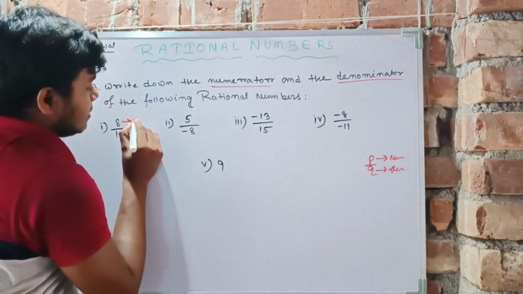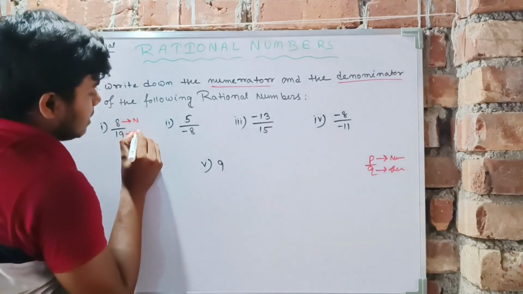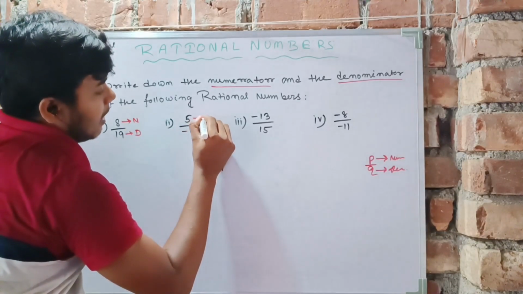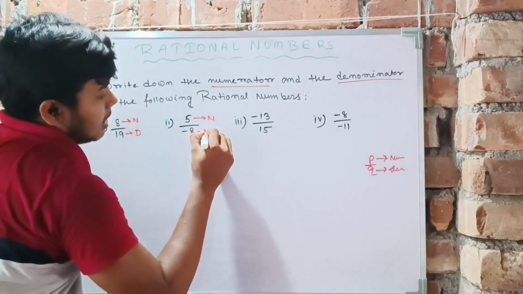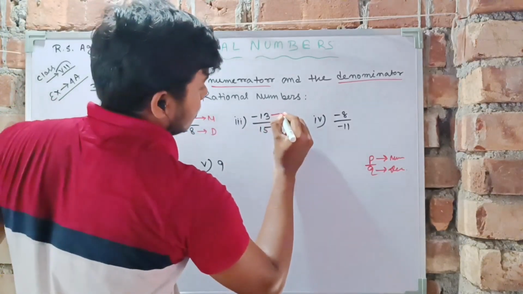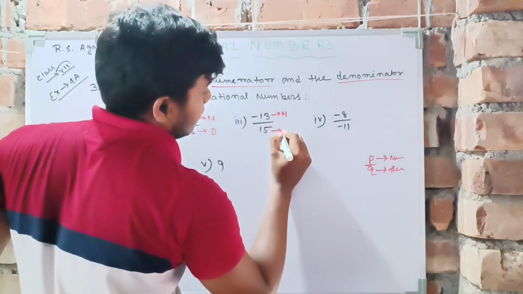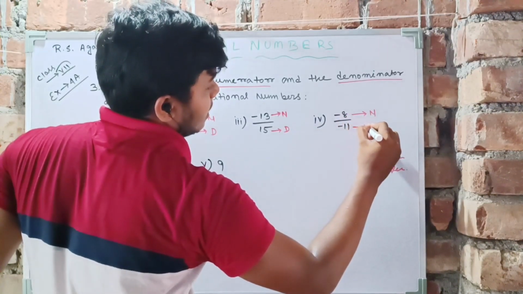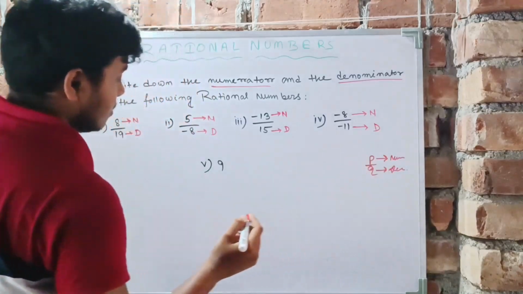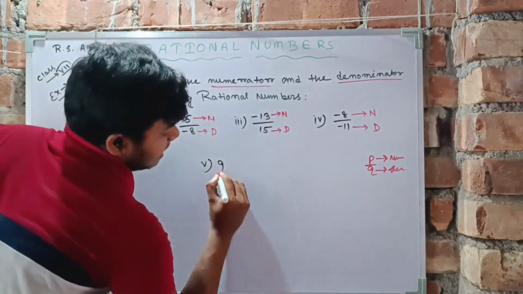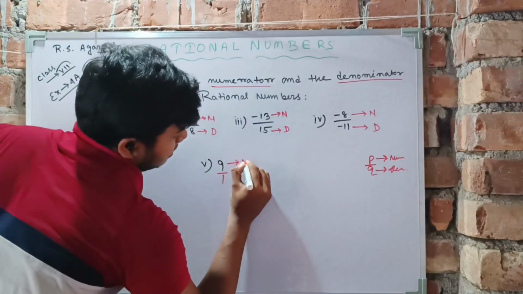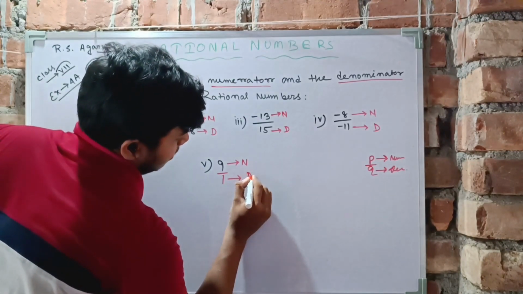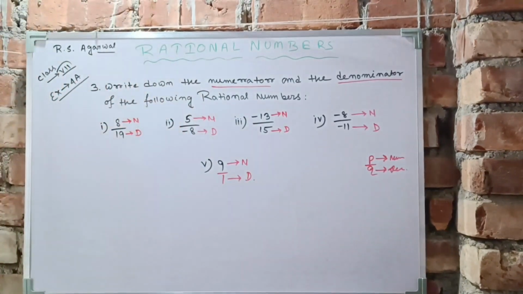Therefore 8 is numerator, 19 is denominator, 5 is numerator, 8 is denominator, 13 is numerator, 15 is denominator, 18 is numerator, 11 is denominator. 9 we can express as 9 by 1, therefore 9 is the numerator, 1 is the denominator. Simple.